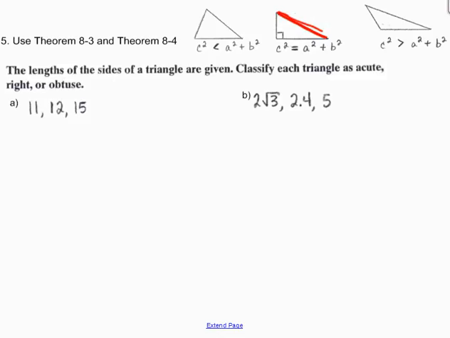If you imagine that hypotenuse shorter, like how it is here, see how those lengths are different. It makes this triangle acute. If you picture the hypotenuse longer, you can see how this is smaller. It's an obtuse triangle. So I'm going to go over these problems after the warm-up the next day.